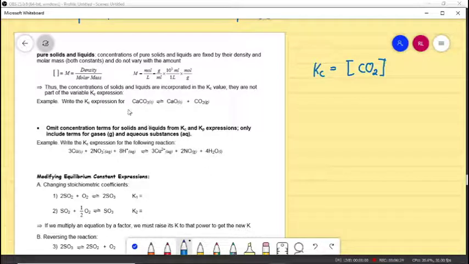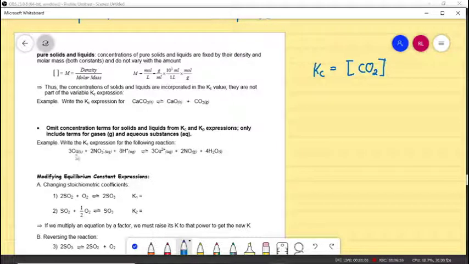So what is the equilibrium expression for this? We are going to omit pure solid. Do we have pure solid here? Yes, we have copper, so this will not be included. And we also have pure liquid. So what will be included in the expression are the concentrations of the aqueous substances and the gaseous substances.